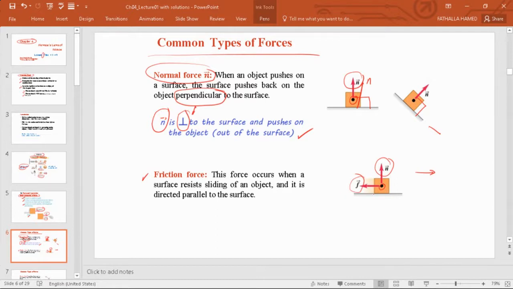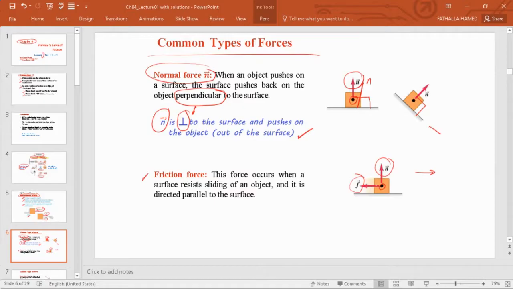In some textbooks, you may actually see the friction is between the two surfaces, indicating that this is coming from the surface. But again, I tell you, objects move around their center of mass. So we look at the net effect of this is basically coming from where? It's coming from the center of the mass.